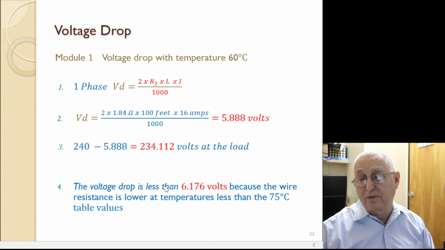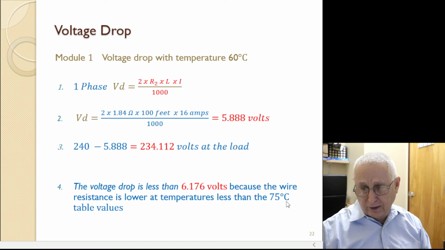The voltage drop is less than the 6.176 volts because the wire resistance is lower at temperature, less than 75 degrees C, and that means that we will have less of a voltage drop.